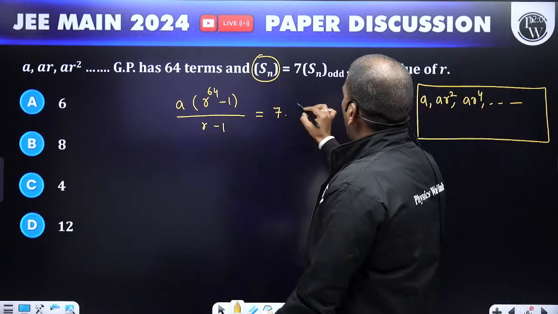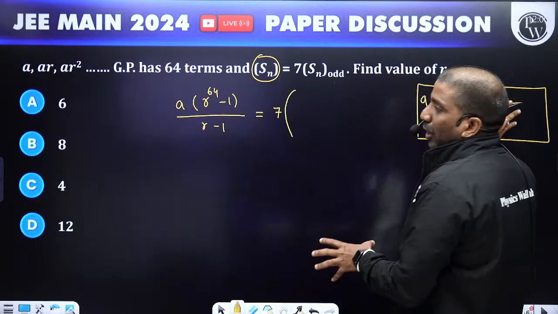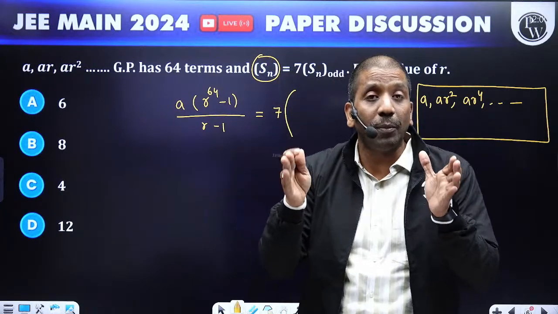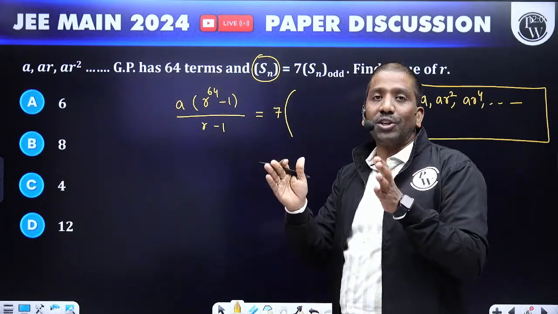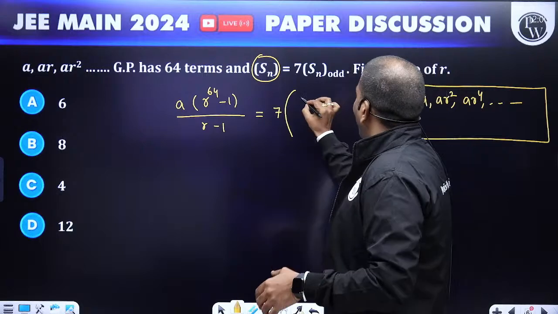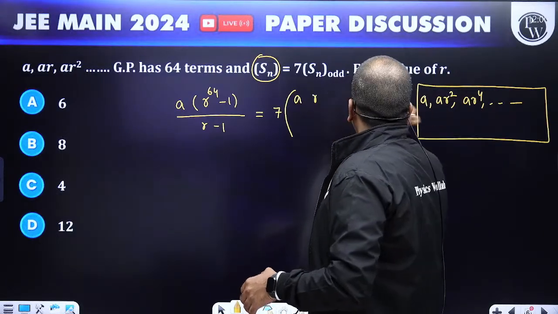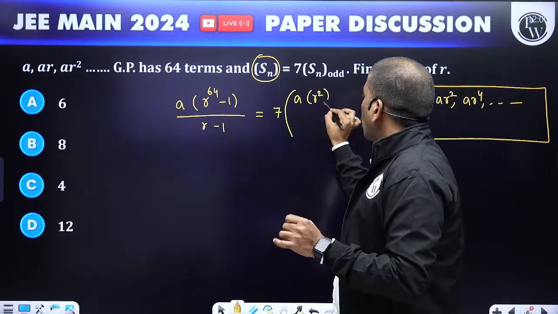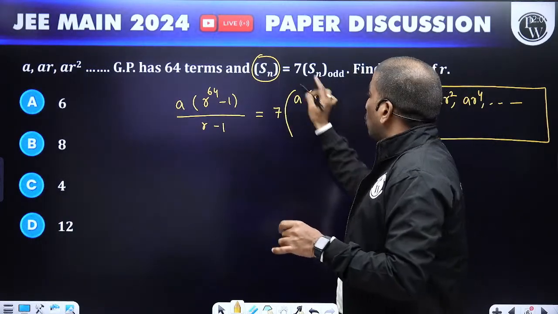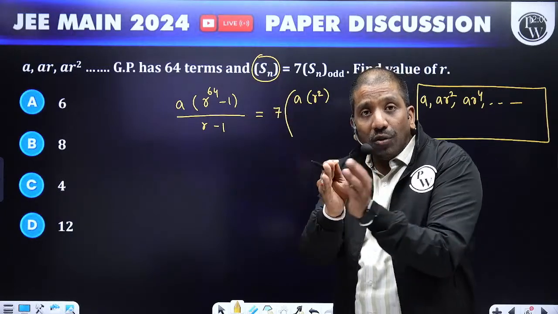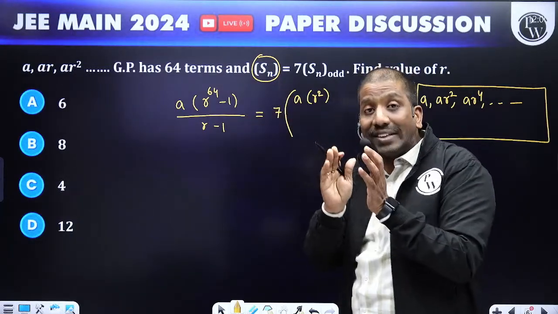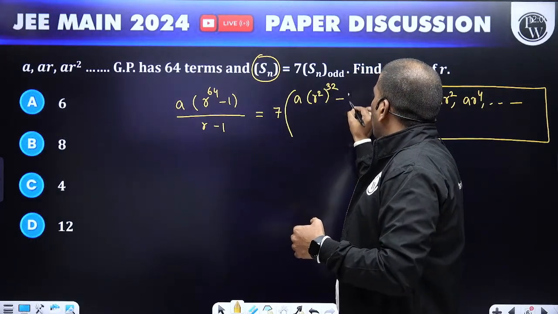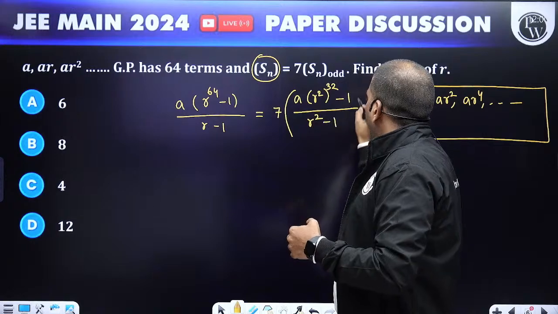The total is 64 terms, so how many odd terms would be present? 32. So A times again, but the common ratio now becomes R square, and the number of terms is 32: R to the power 32 minus 1 by R square minus 1.